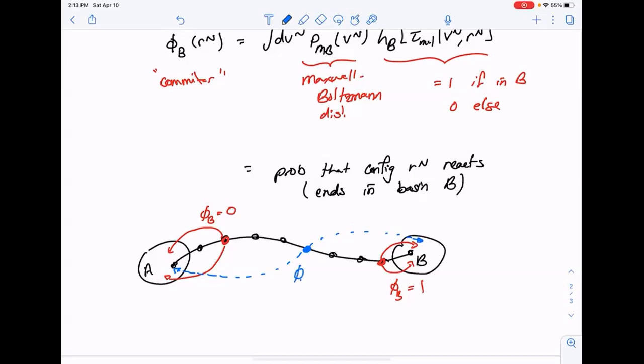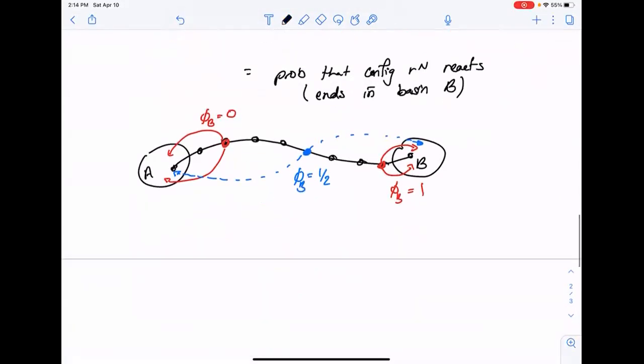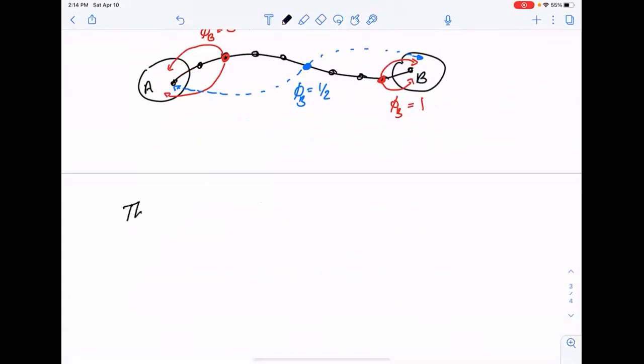And on average, this is a configuration which is maximally uncommitted. It could either end up in B or A. Those configurations for which phi of B equals 1/2.